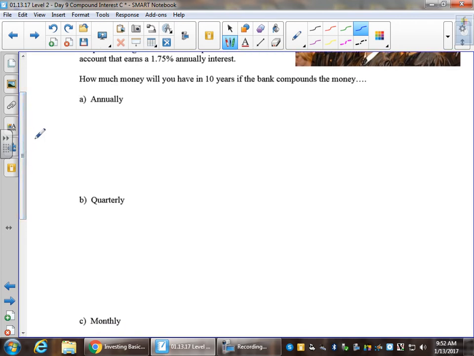So we're going to do this 3 times, right? So can you remind me, what was typically our first step in a real world situation? Defining our variables. Now with compound interest, I'm not as interested in that, because T will always be time in years, and A of T will always be the current amount of money.